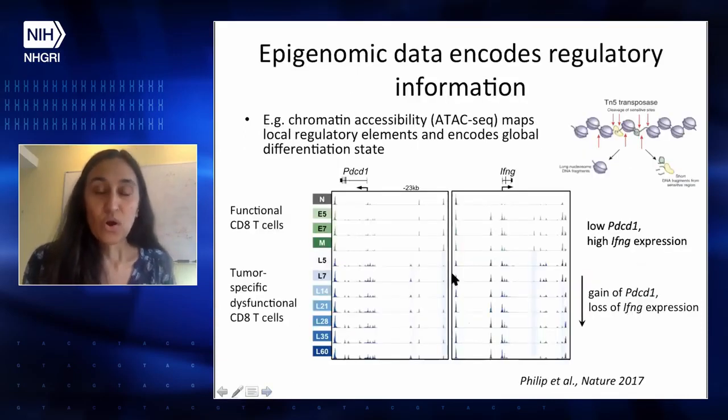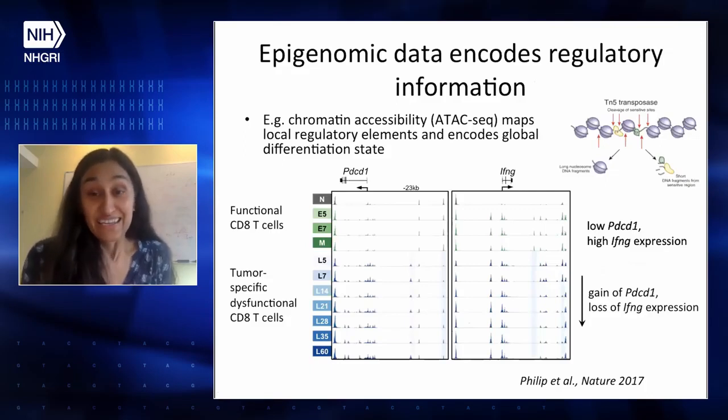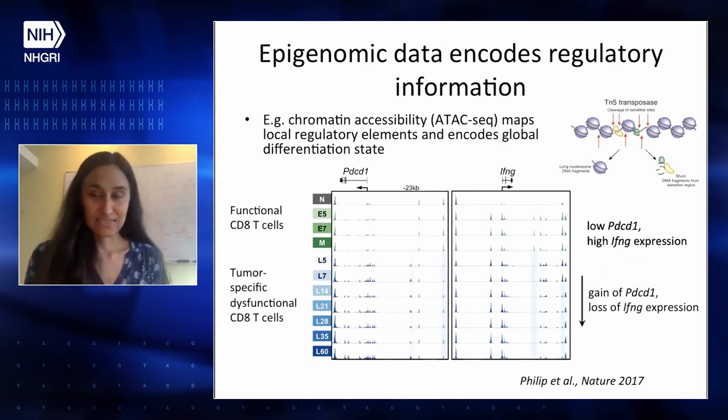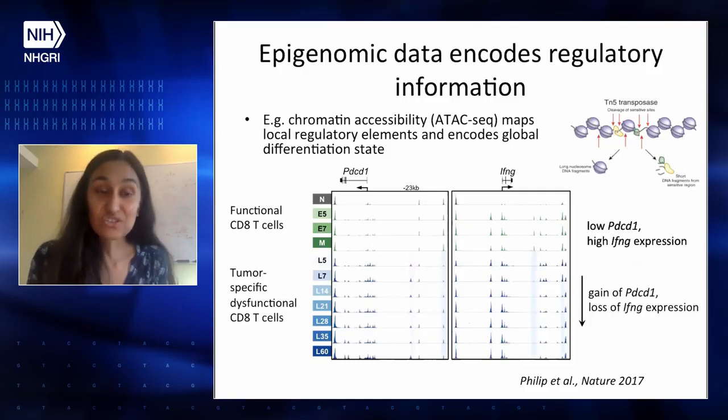Okay, so why do we want to try to predict gene expression? Well, gene expression is important for the function of cells and for understanding what cells do in different states. And this is data from one of my own papers, but there are many such studies where we're looking at chromatin states of, in this case, CD8 T cells and functional T cells and T cells that progress to dysfunction in tumors.